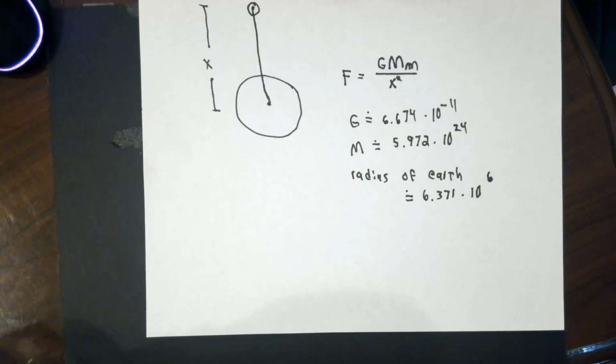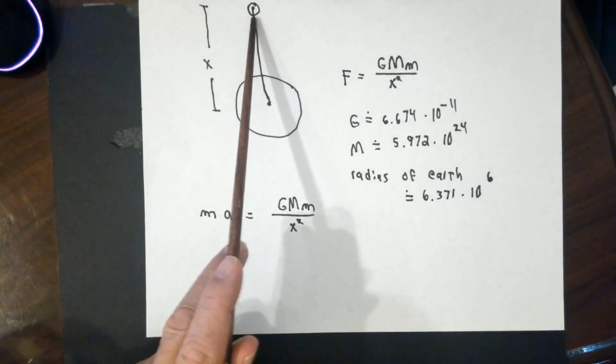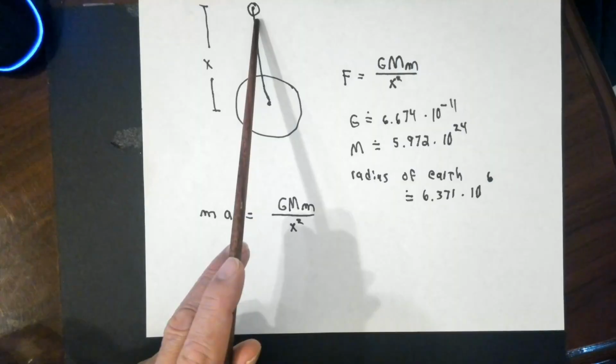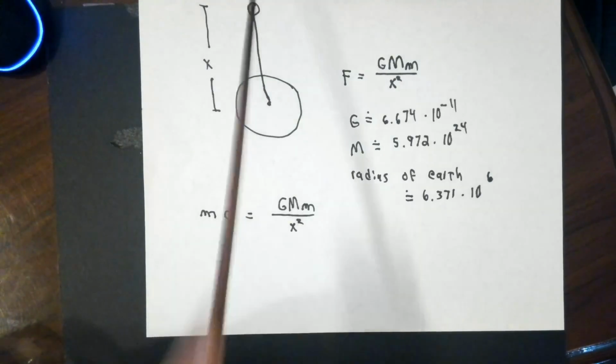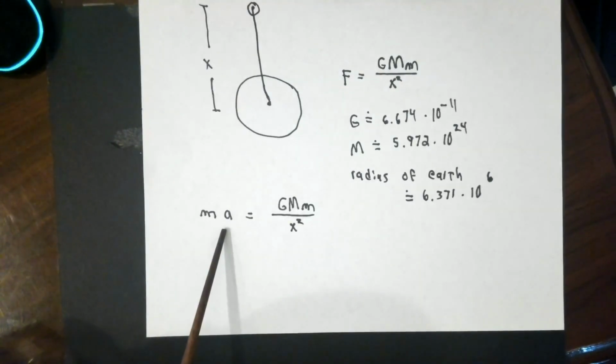I want to recall Newton's second law again. That's the one that says force equals mass times acceleration. Specifically, I'm thinking about the force acting on this thing that I'm thinking of as the much smaller object. On the one hand, the force acting on this object is its mass multiplied by its acceleration.